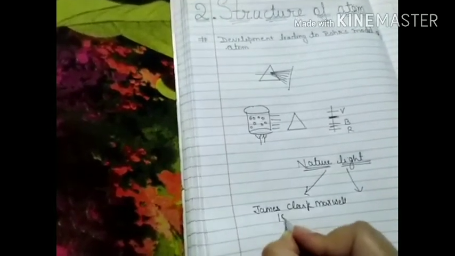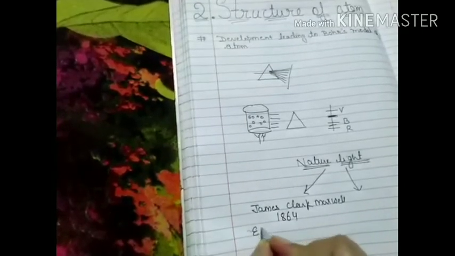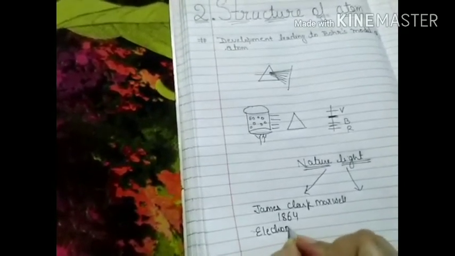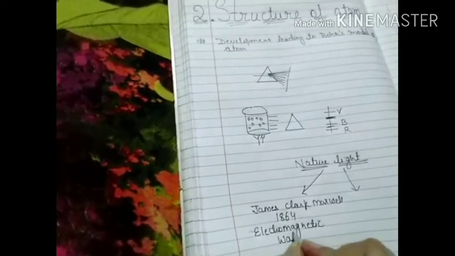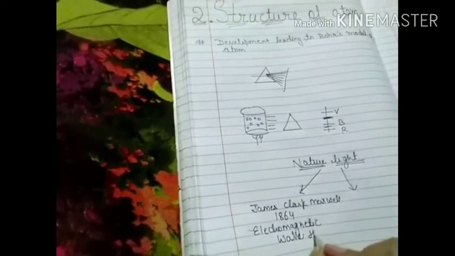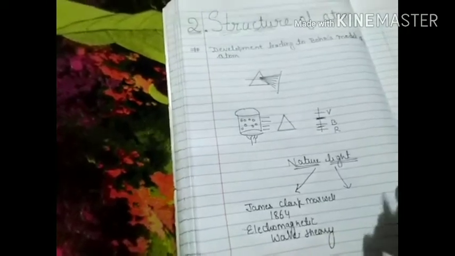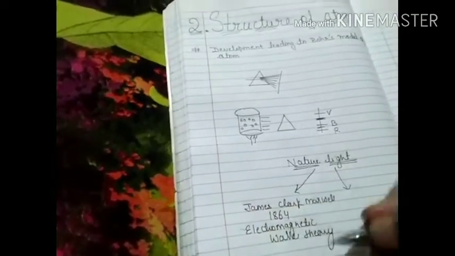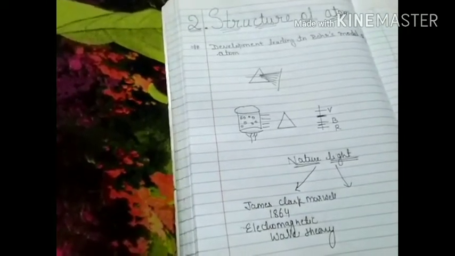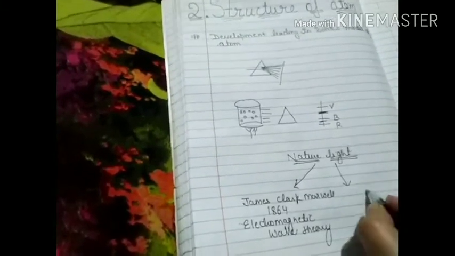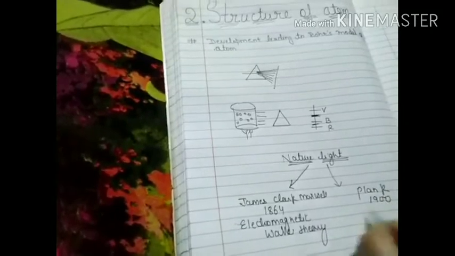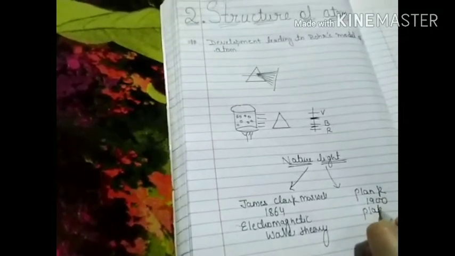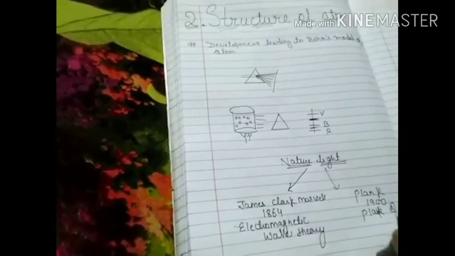In 1864, he put forward the electromagnetic wave theory, and then afterwards light was described by Planck in 1900 in Planck's quantum theory.